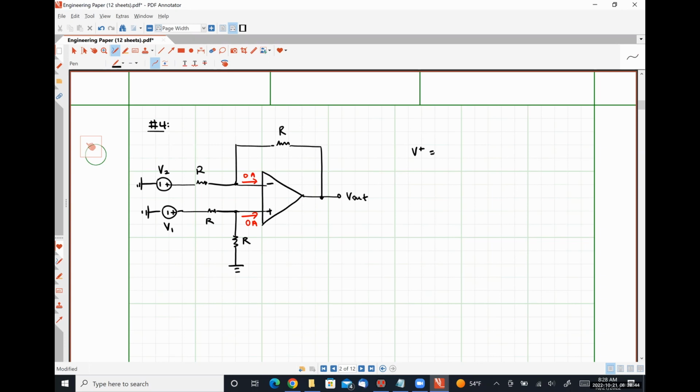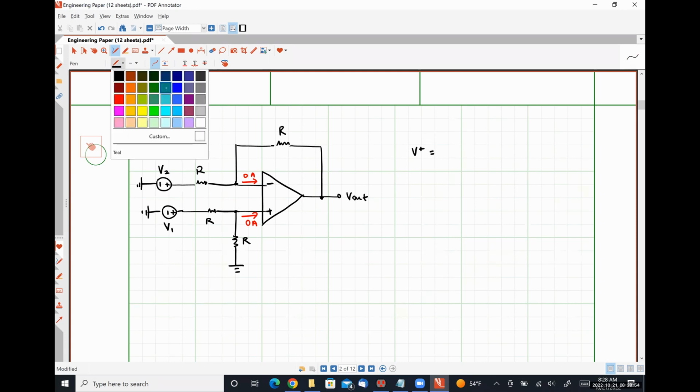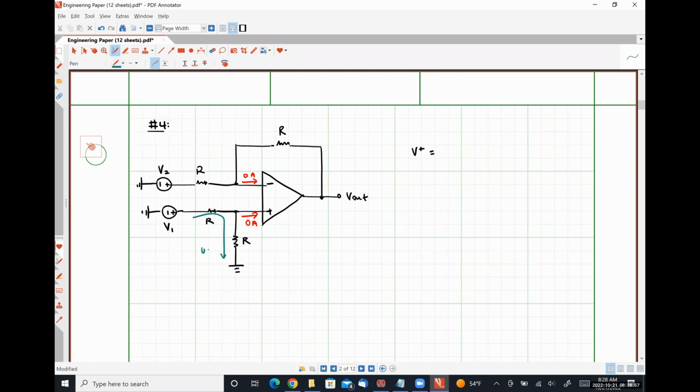So it's not going to be just V1. If it were just V1, that implies that no current can flow through. Effectively, the implication there is that this current would be 0 amps, and there's no reason for that to be true.